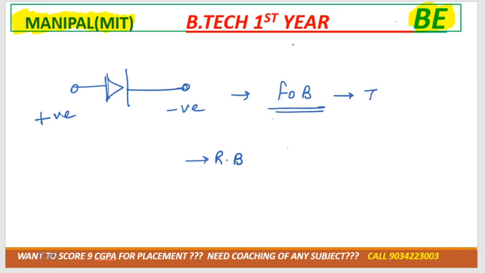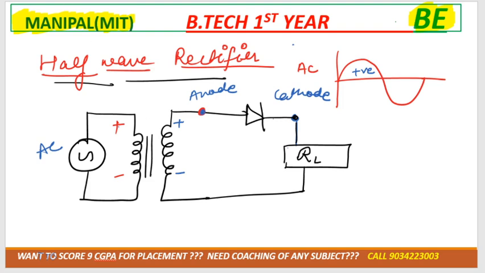In forward bias current will flow, right? And in reverse bias current will not flow. So tell me, for this particular case, will the diode work as forward bias or reverse bias? Yeah, it is forward. So in forward bias, current will flow, and if the current flows, output will be there. Correct?